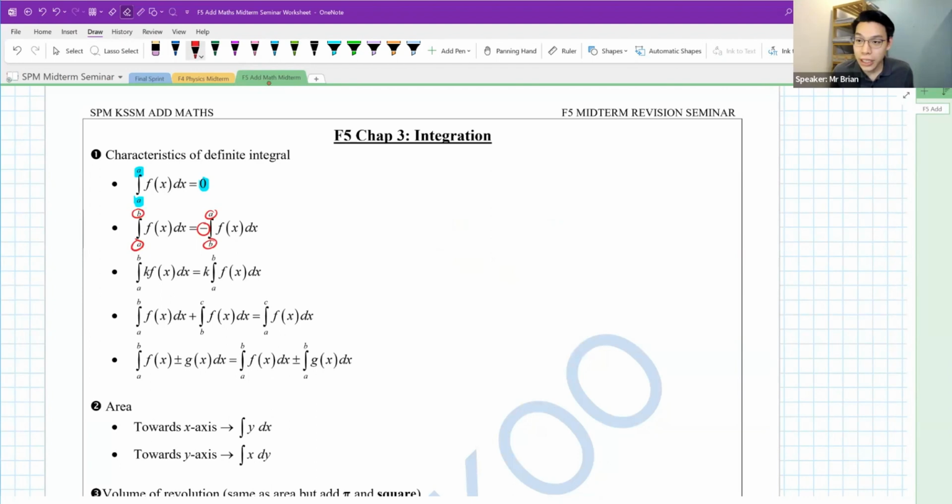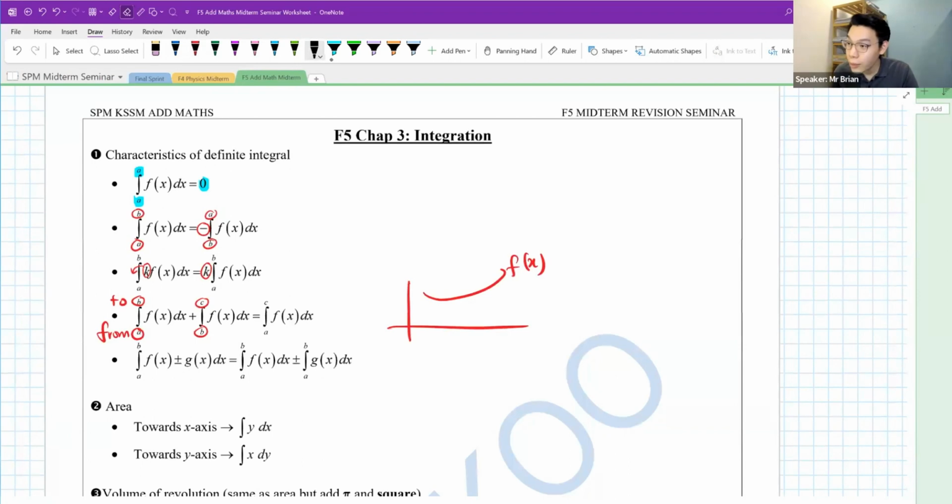Third, if we have a number multiplied to anything, this number never affects your integration. Just pull it out. It can always be pulled out. Next, if you are integrating f(x) from a to b, and then b to c, imagine I have a curve f(x).